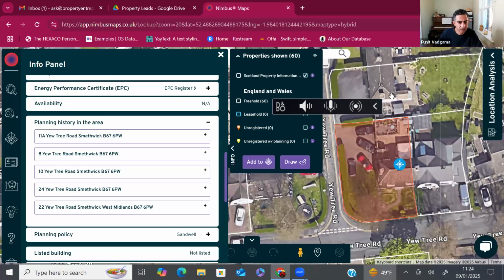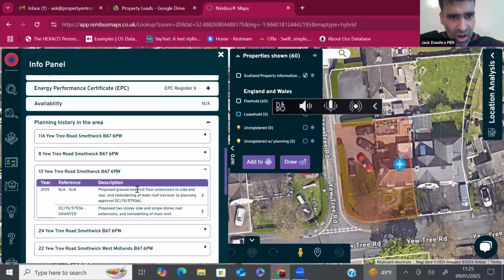It says 14 at the back and then 10. Anyway, if you look at number 10, there was a planning application, proposed ground and first floor extension to side and rear and remodeling of main roof. It looks like the whole place has been extended. And that's number 10.